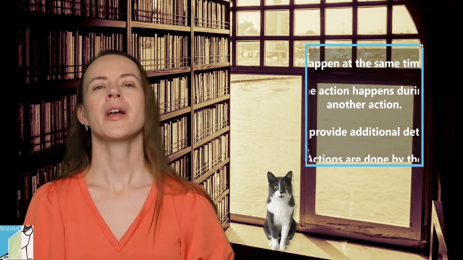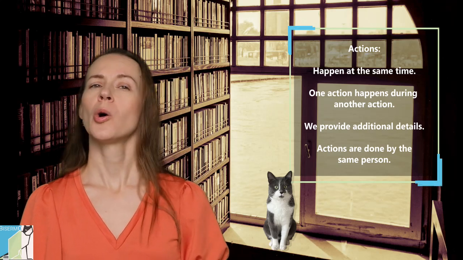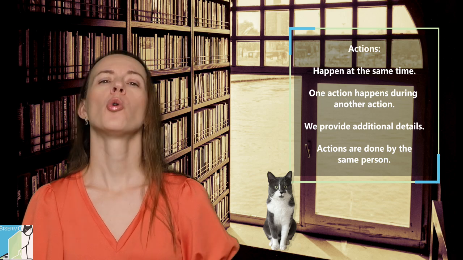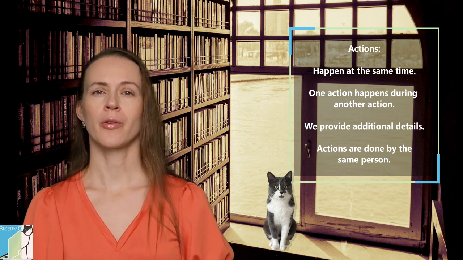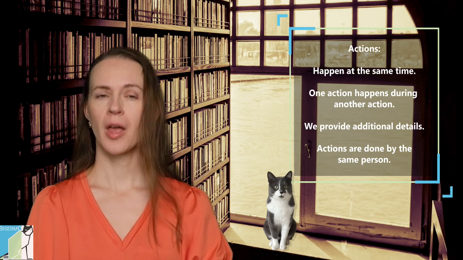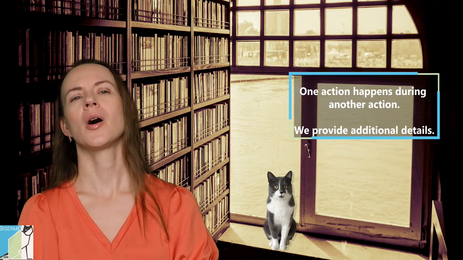When we describe actions which happen at the same time, or when one action happens during another action, or we provide additional details about the actions, or actions are done by the same person, we can use the present participle. For example, we have a sentence, he cooked dinner while he was chatting with his friends.